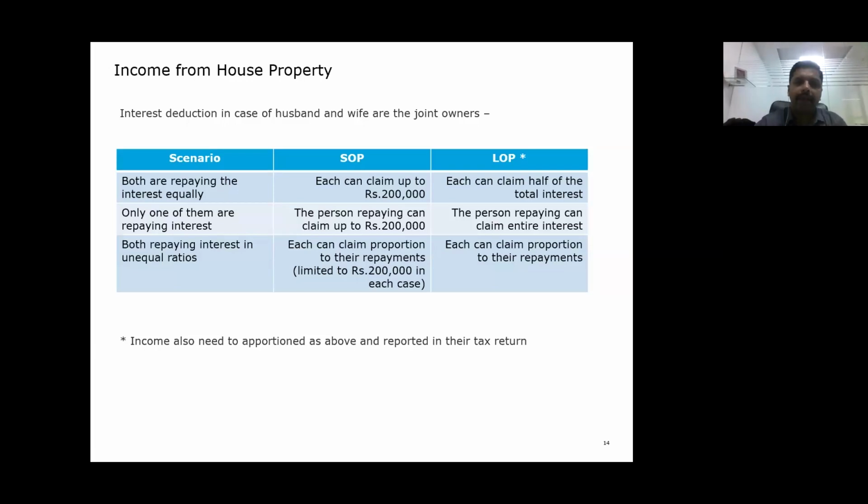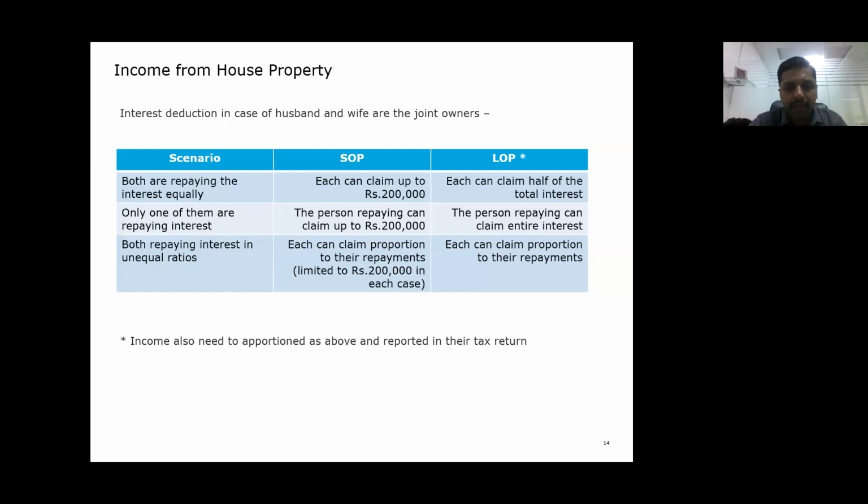Now, both are repaying the interest, but not equally, in unequal ratios. Maybe 30% by spouse and 70% by employee. In that case, each can claim in proportion to their repayments. However, each of their shares should be limited to 2 lakhs. Say, for example, there is 5 lakhs of interest. 30% is paid by the wife and 70% by the husband.